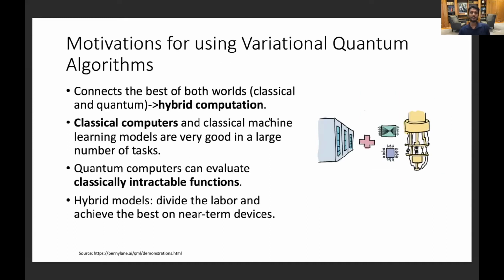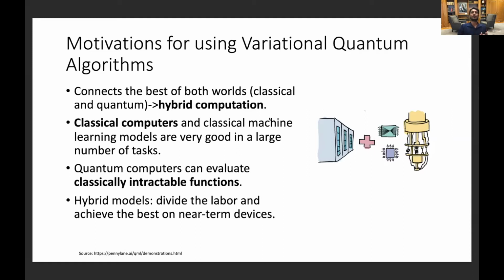Okay, so the motivation behind using variational quantum algorithms is that, first, it fits very well with the model of hybrid computation, where classical and quantum computers can work in tandem, and one doesn't need a full-fledged quantum device to do variational quantum algorithms in some capacity. We know that classical computers are extremely efficient at doing certain things. For example, we have amazing optimization algorithms, and a plethora of codes and libraries which can handle data in a very efficient manner.